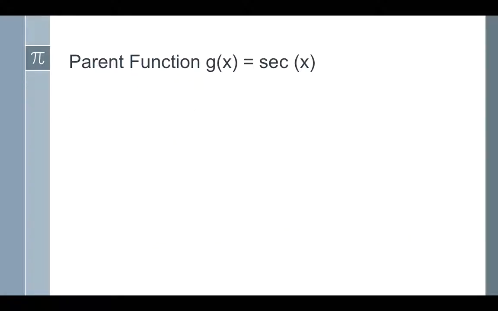So let's look at the parent function graph. We're going to draw in the cosine. Again, I'm going to move these down. I used a preset graph here. Move those a little bit closer here. Now for cosine, remember the red is going to be the cosine of x. So cosine normally starts up. It's going to go to the middle, bottom, middle, and top.